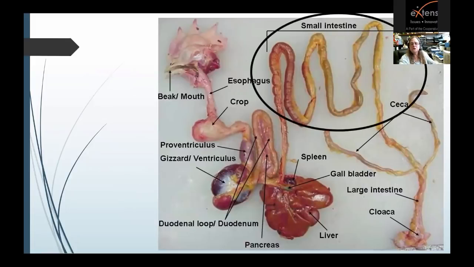From there, it goes on to the rest of the small intestine, referred to as the lower small intestine, because the duodenum is technically part of the small intestine.